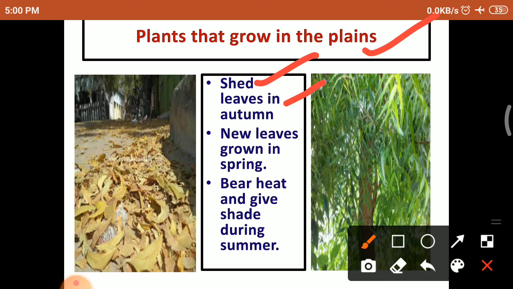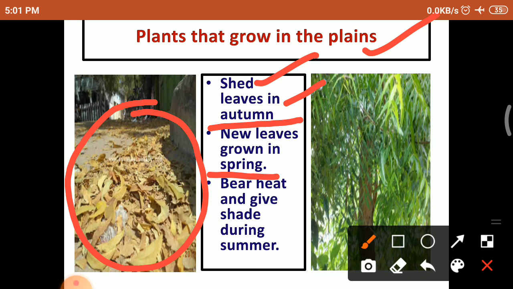Shed their leaves means once in a year the leaves of this plant fall down, and after a month again new leaves are grown. So in autumn season, these plants shed their leaves. In spring season, new leaves are grown.